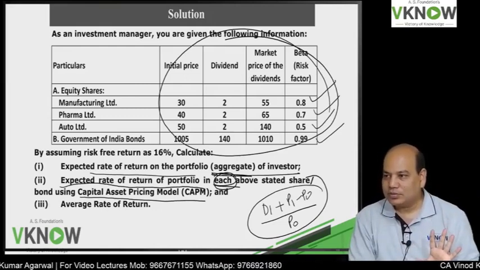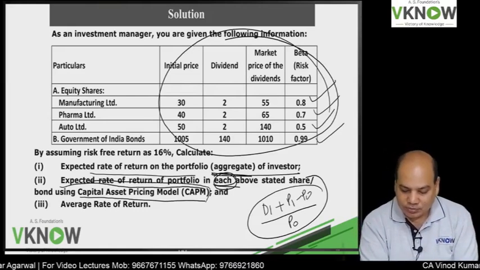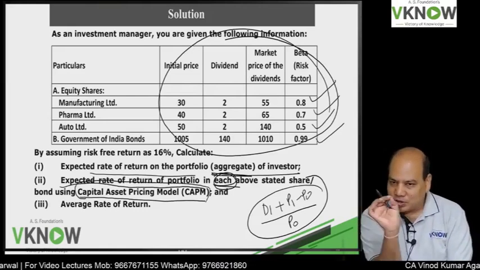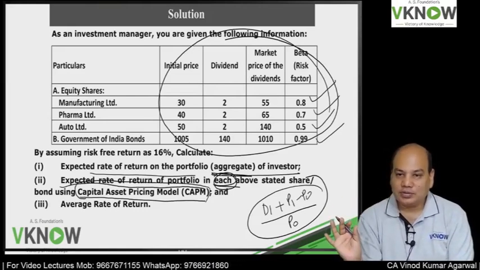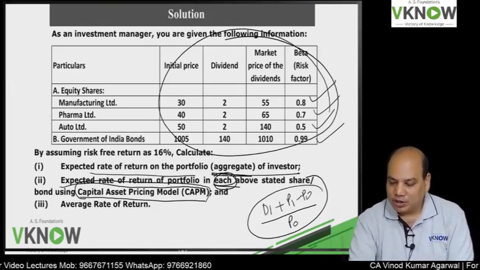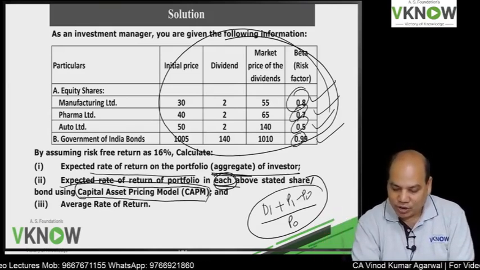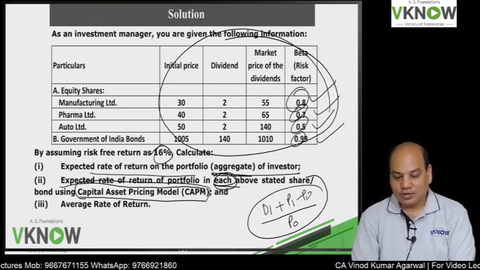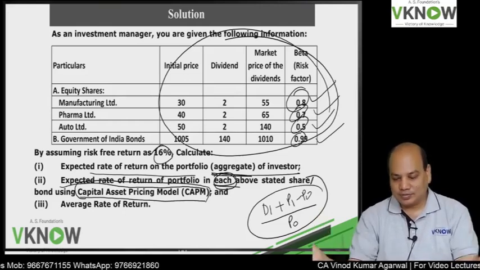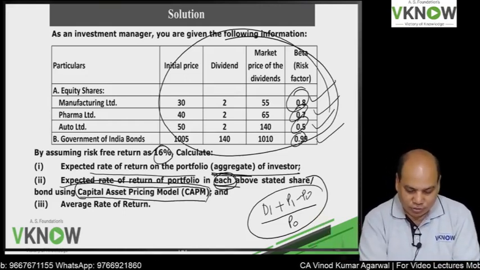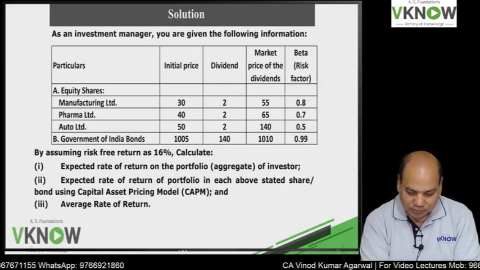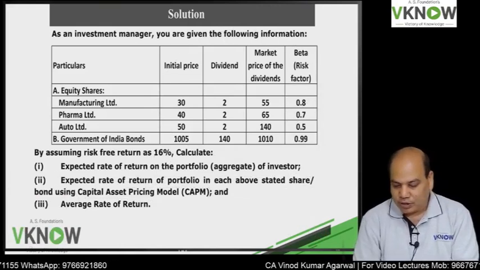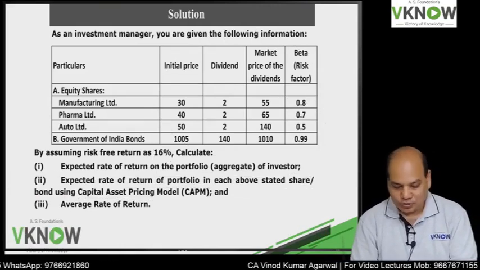You are right. But what is the question? CAPM. So CAPM is RF plus beta into RM minus RF. Beta is given. RF is given. RM is missing. Oh my God. So you have to find out the RM. If you can find out RM, you can solve this question.